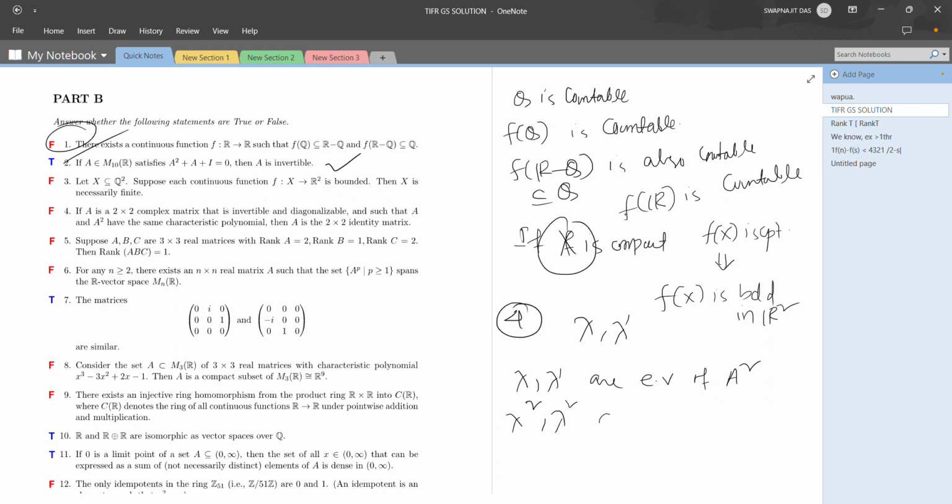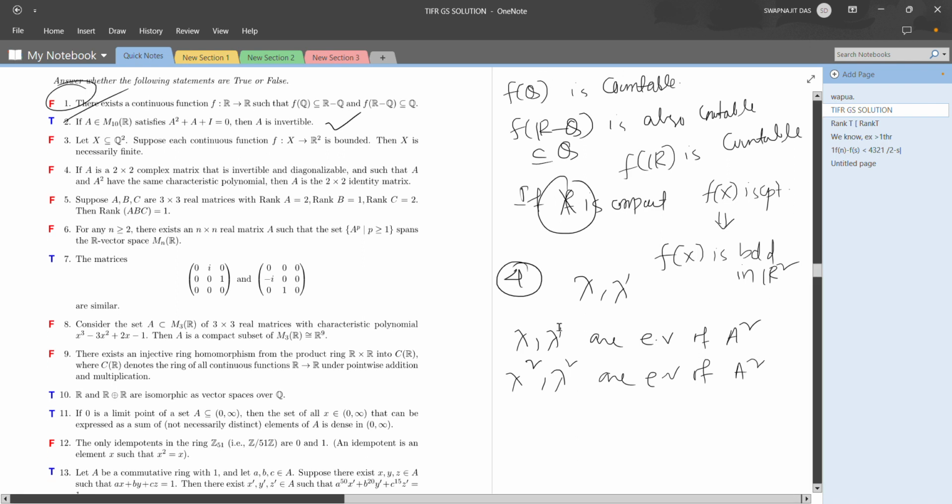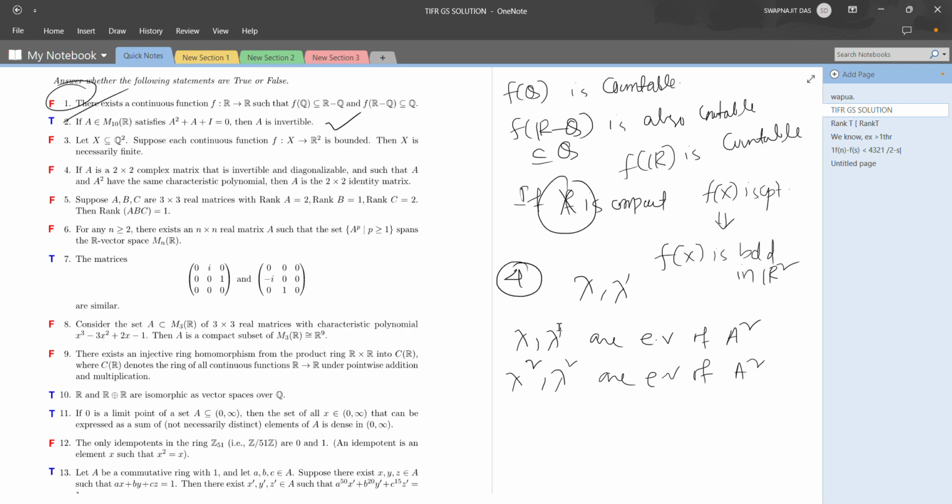Again, if lambda and lambda prime are eigenvalues of A, that means lambda² and lambda prime² are eigenvalues of A² also. Now most of the students made the same mistake: they assumed that lambda² equals lambda and lambda prime² equals lambda prime. But that may not be true.